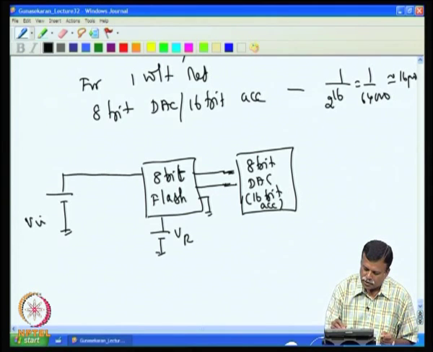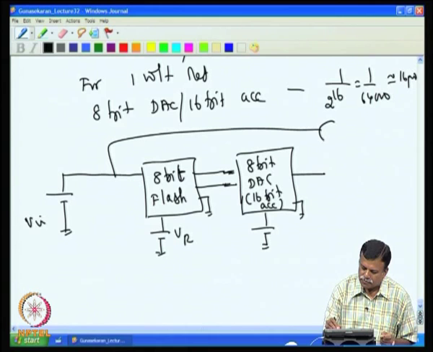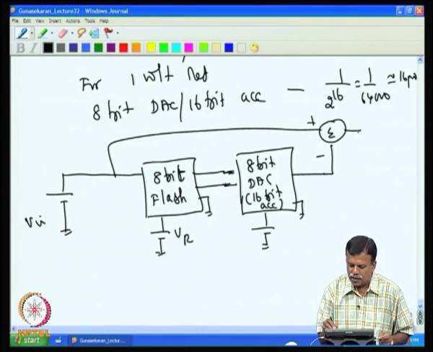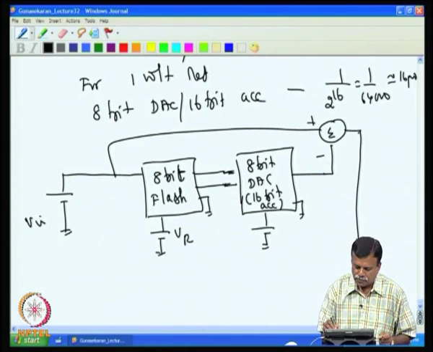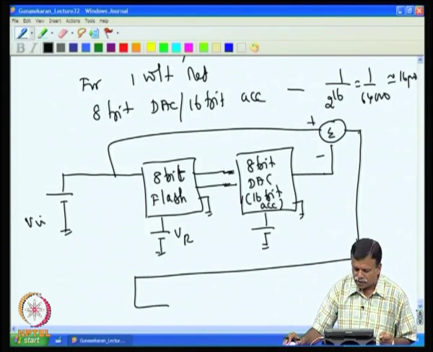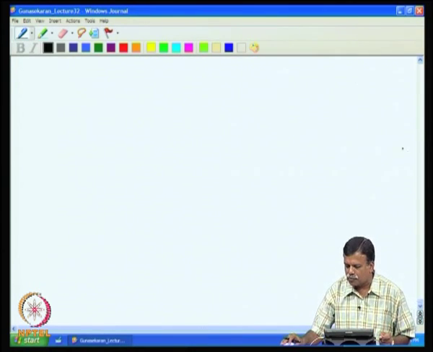This gives me the V reference, and then this gives me the output. This output I give to a subtractor amplifier here. The difference between the input and this appears here, and this I will now amplify. So, I can amplify the difference voltage.